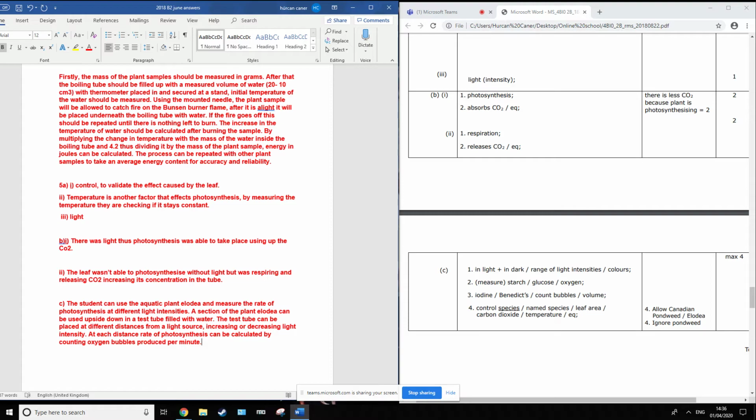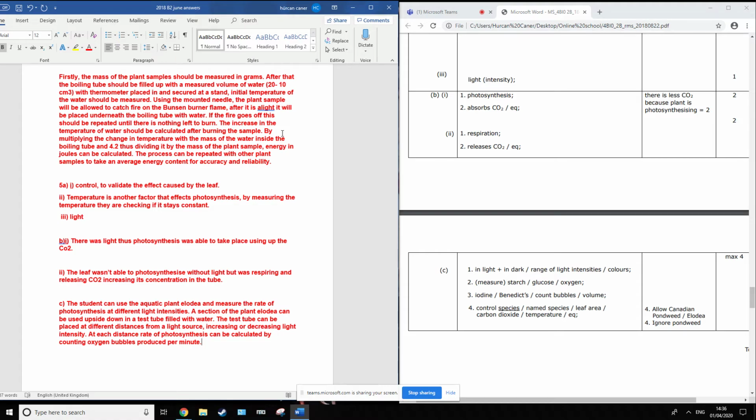The test tube can be placed at different distances from a light source, increasing or decreasing light intensity. At each distance, rate of photosynthesis can be calculated by counting oxygen bubbles produced per minute.